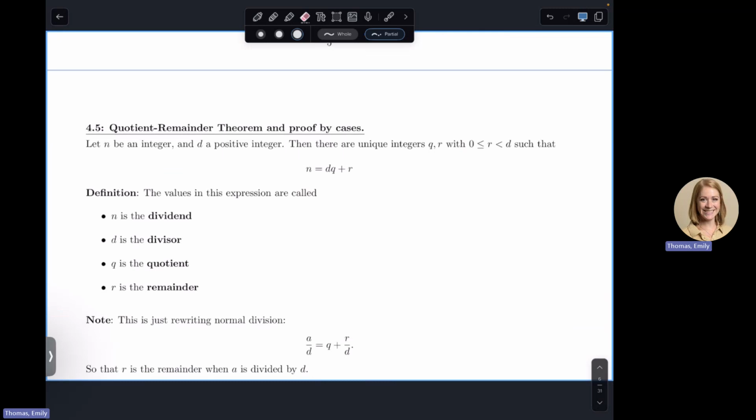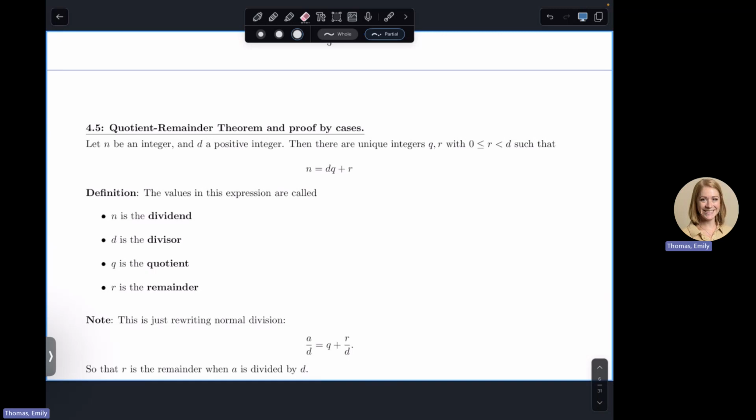So we have direct proof, which is assume the P part, show the Q part. That's the only kind of proof we've been writing, or counterexamples. So we're going to start adding methods of proof to that. Proof by cases is one of them. That will happen here. We're not going to get to that today, so don't panic.